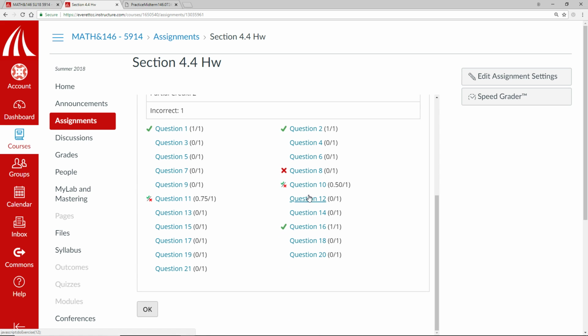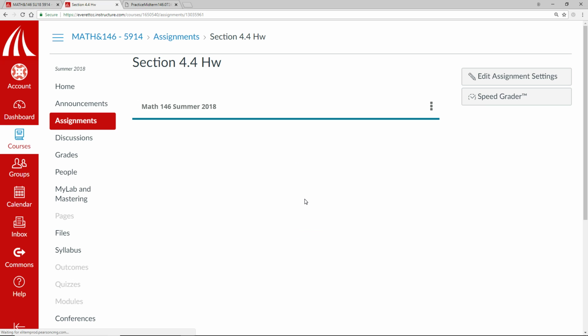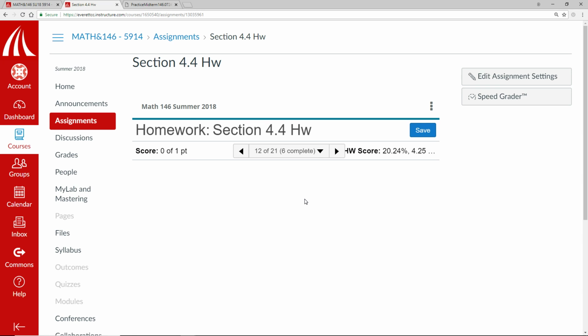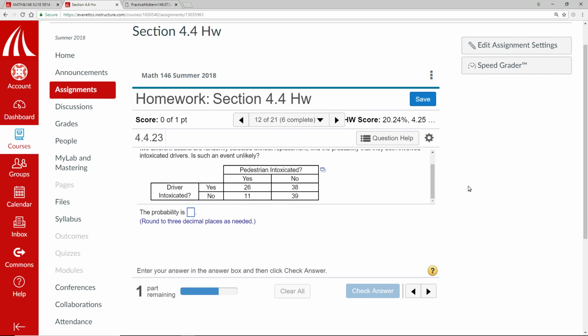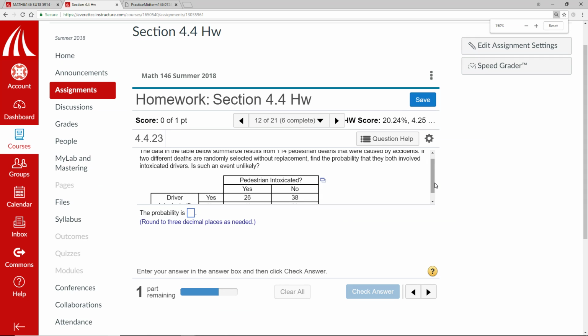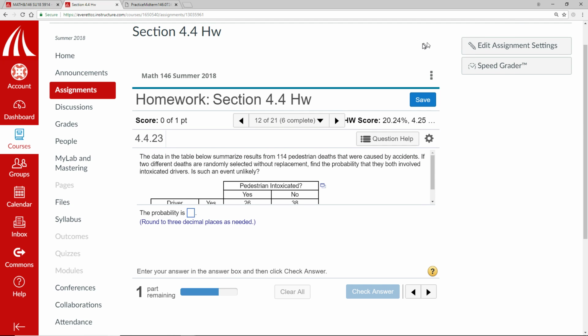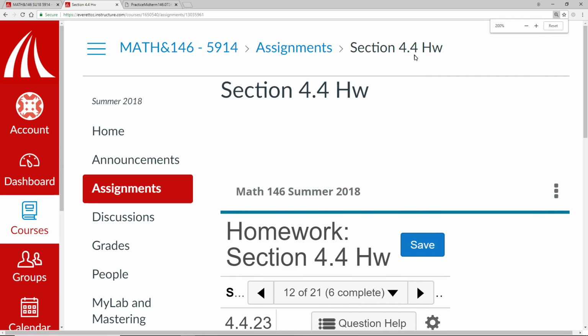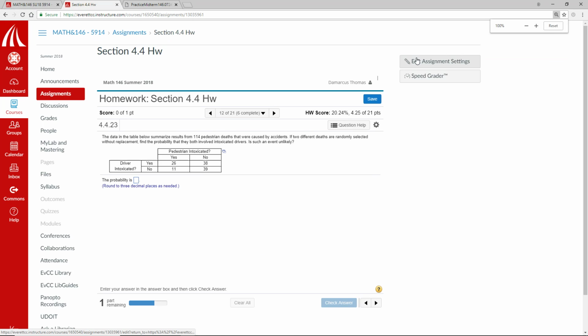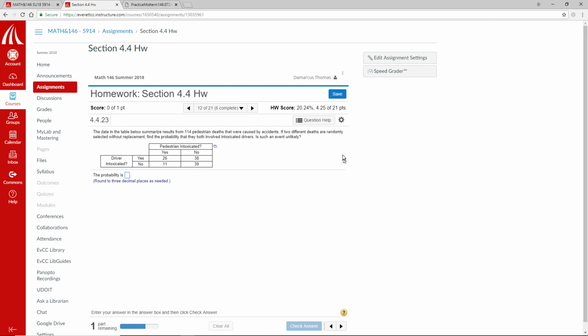Let's see, could this be the one? I have such a bad view of this problem. Let's go back to 100%. That's actually pretty small.